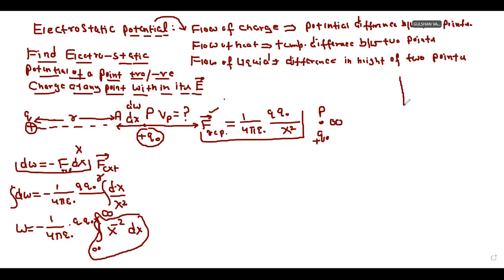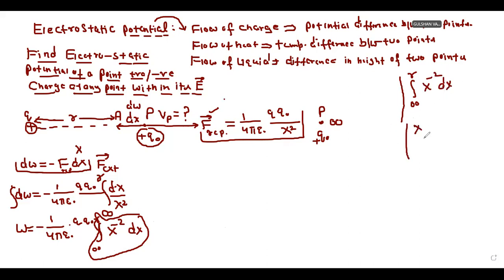So I solve this integration separately, and finally after solving I will put the value over here. This is x raised to the power minus 2 into dx. So what is the integration?